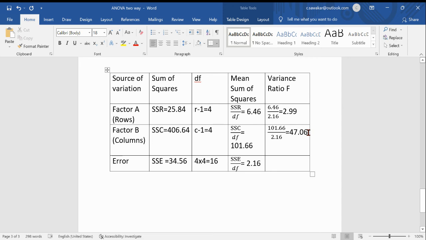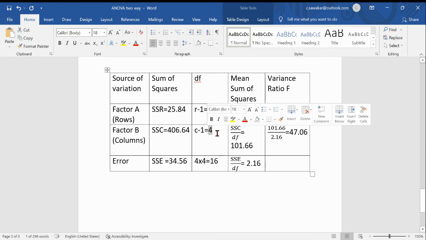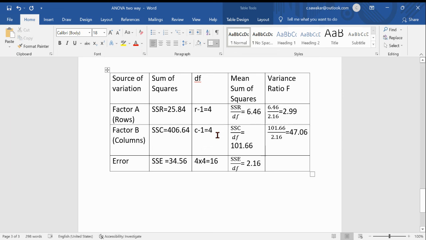Now what is my factor B? It is the treatments. I need to check whether there is a difference between the treatments or not. Again for this, the degree of freedom is 4 comma 16. If there was any other number in place of this, we would have got another value.